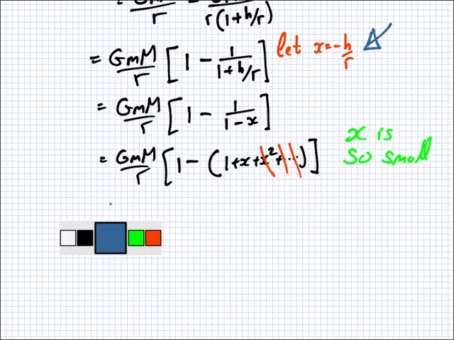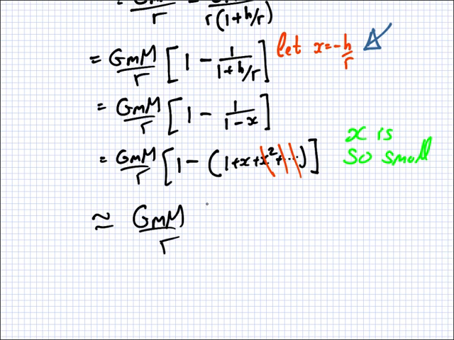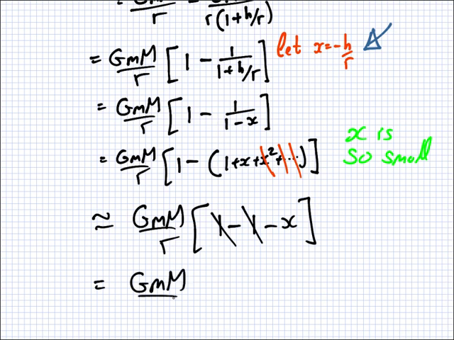So we can say that this is roughly equal to GMm over R, bracket 1 minus x. Cancel, cancel. So this is equal to GMm over R times x.